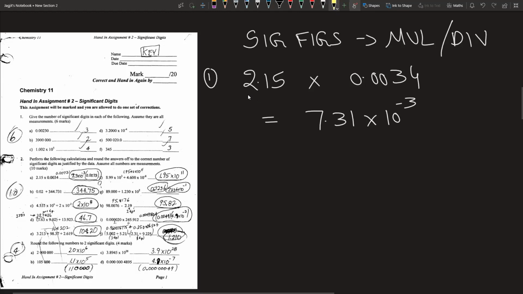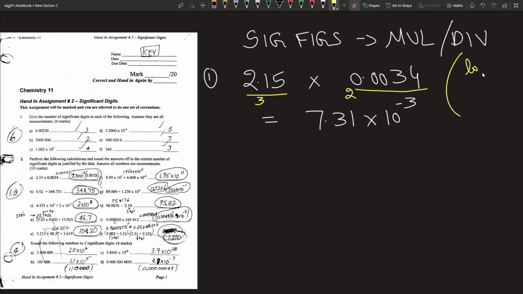You ask yourself, how many sig figs do I have in the first term? How many sig figs are there, folks? 3. How many do I have in this term? 2. Whenever you're multiplying or dividing, your answer should have the minimum number of sig figs out of those two numbers.